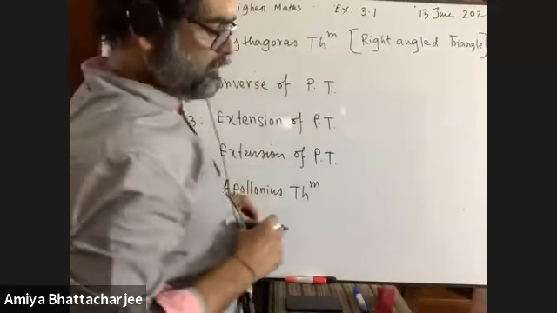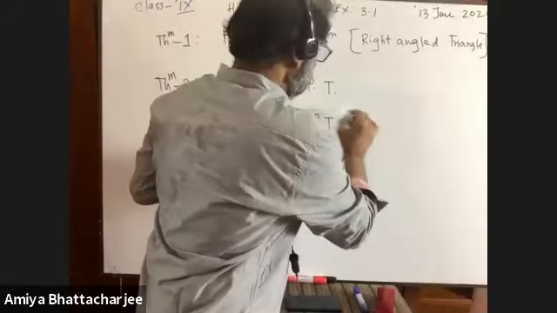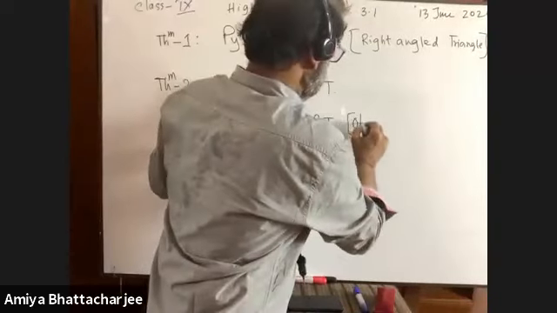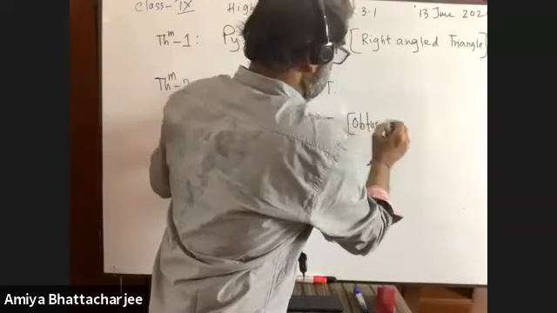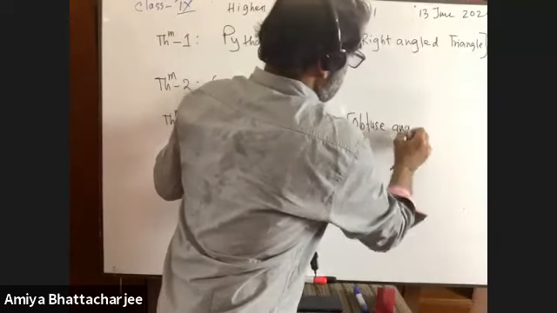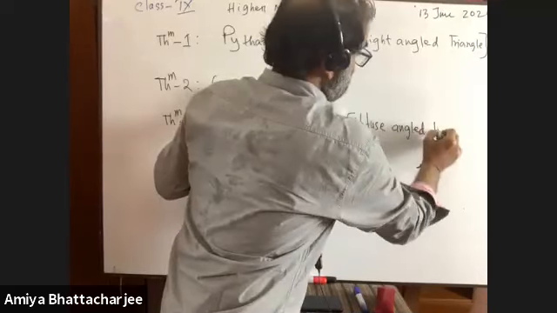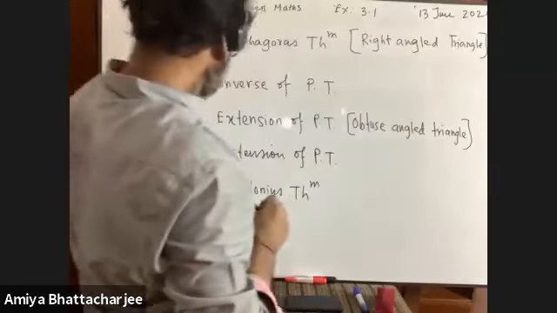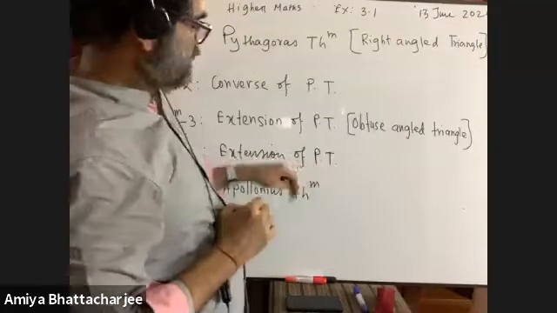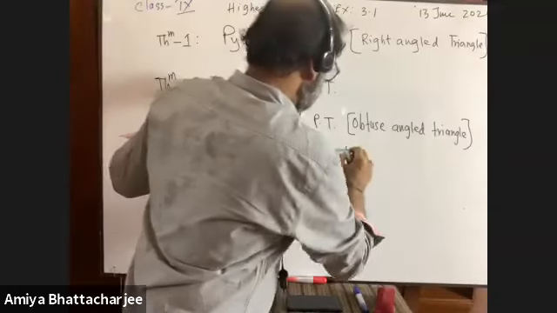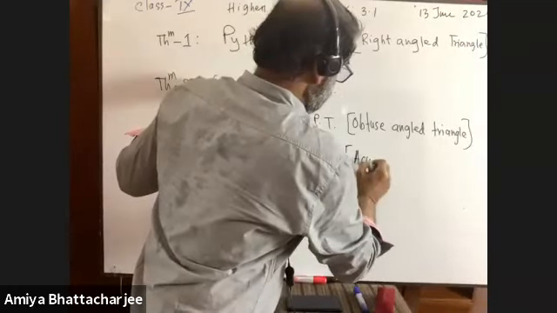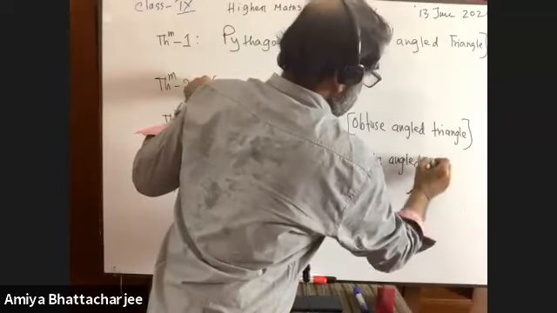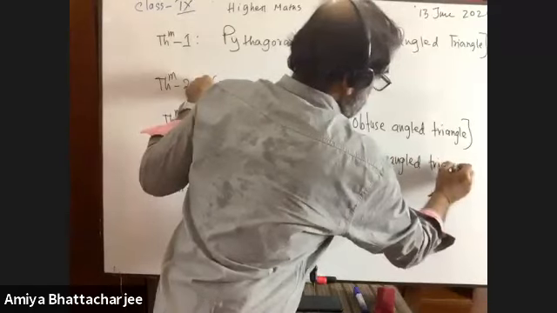Extension of Pythagoras theorem, theorem number 3, is for an obtuse angled triangle. The other extension of Pythagoras theorem is for an acute angled triangle.